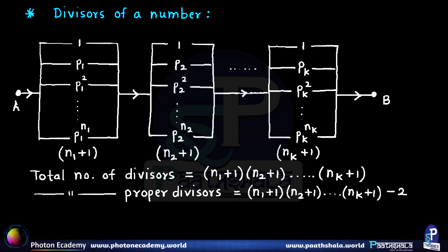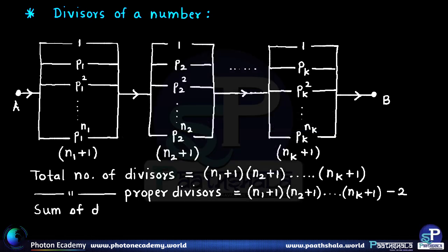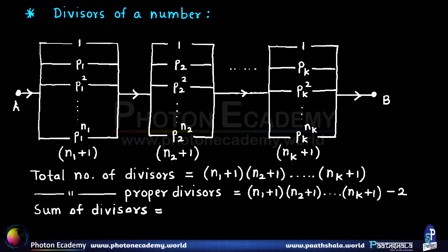Now suppose we are also interested to know the sum of all the divisors of the original number. If we consider the first block, it is a geometric progression with first term 1 and common ratio p1, and it goes up to p1 raised to n1.